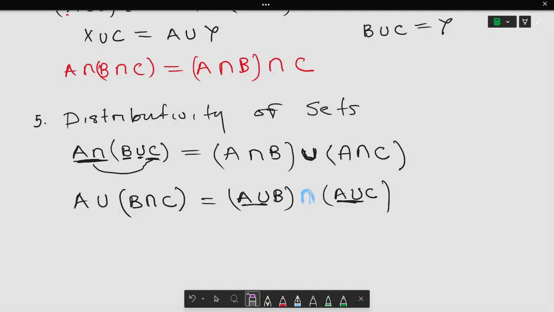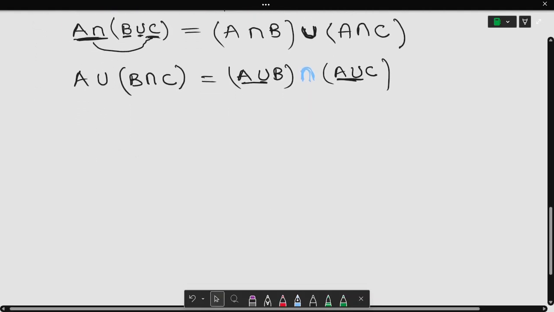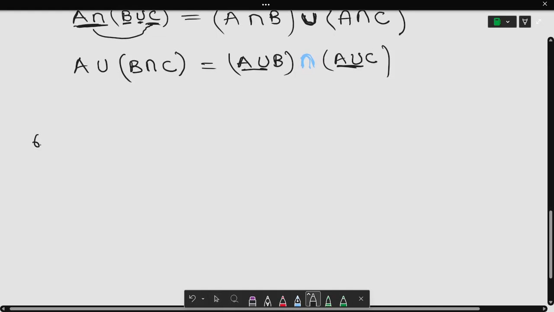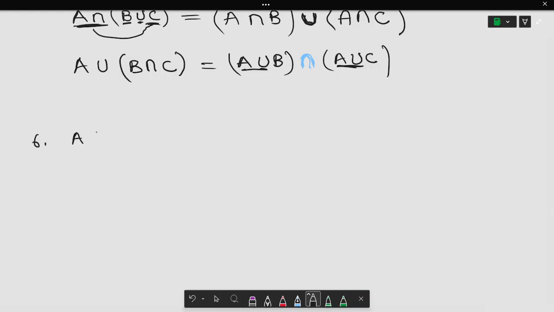Okay, so we move on. Number 6, you have A intersection with an empty set. When you intersect A with an empty set, what you are going to get will be an empty set. We know what an empty set is. An empty set is just basically a set that does not have anything.